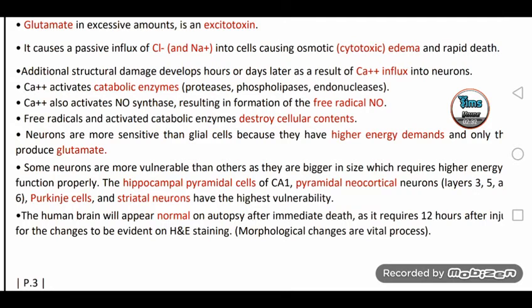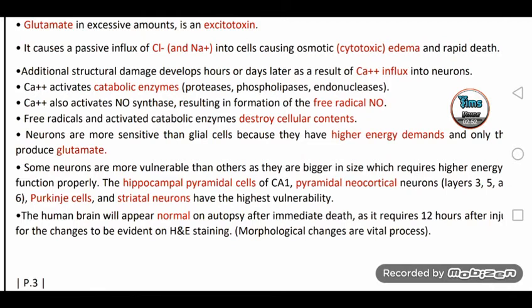How is that? Calcium activates the catabolic enzymes which exist inside the cell. These catabolic enzymes are proteases, phospholipases, endonucleases, okay, as well as activating nitric oxide synthase.